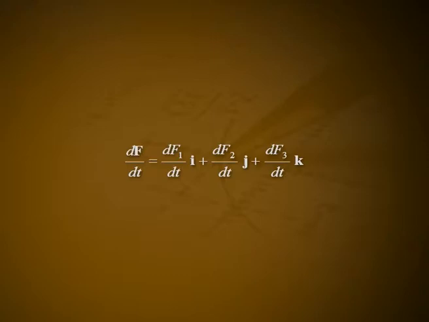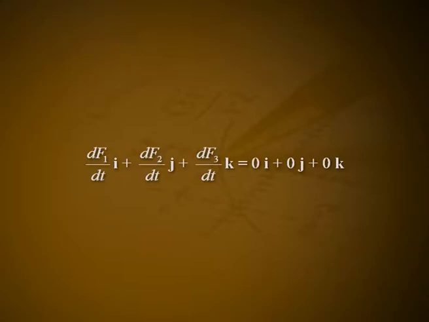Sufficient part. Suppose that df/dt = 0. Let f(t) = f1(t) i + f2(t) j + f3(t) k. Then df/dt = (df1/dt) i + (df2/dt) j + (df3/dt) k.